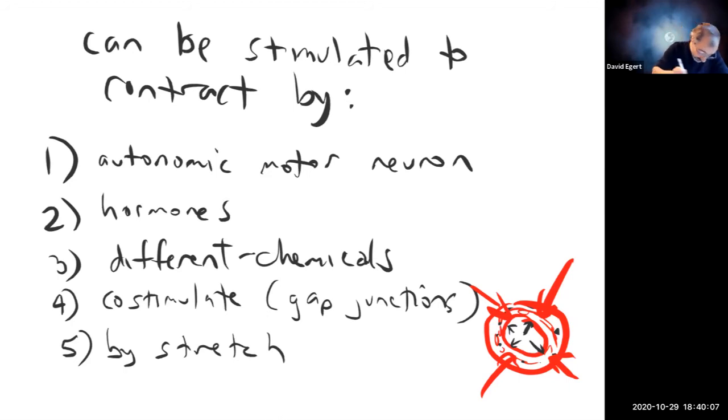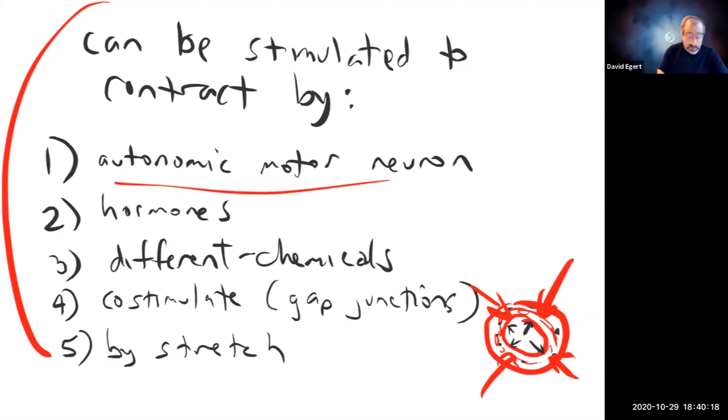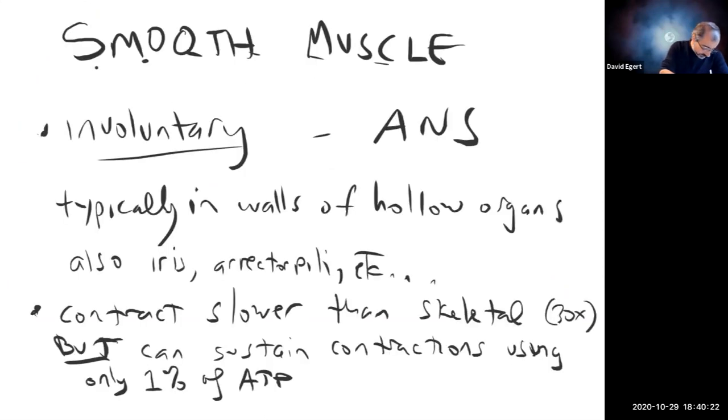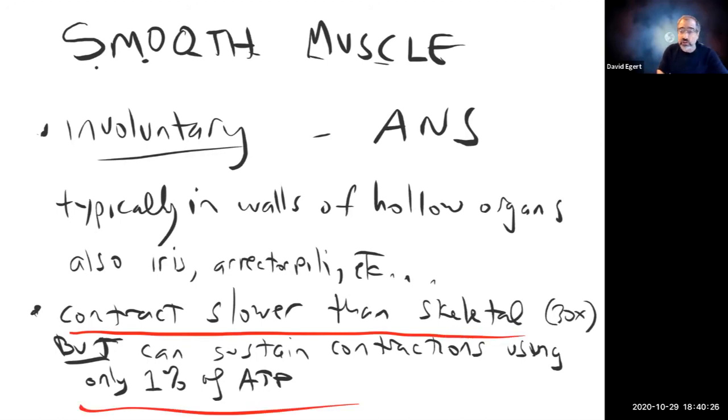So these are things that distinguish smooth muscle from skeletal muscle. It can be stimulated to contract many different ways, not just from the nervous system. And like I said, it contracts much slower, but can sustain a contraction with much less ATP.